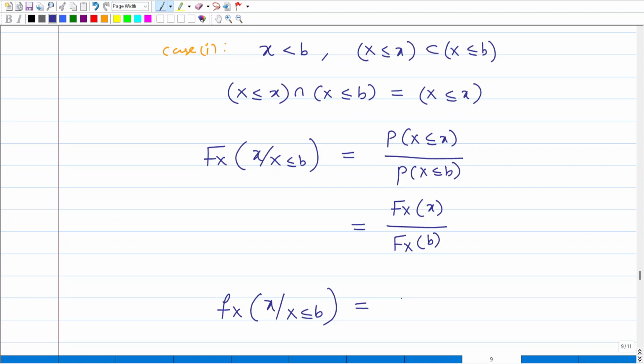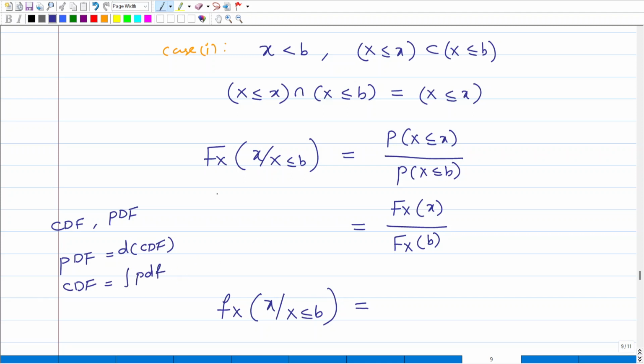The PDF can be obtained by differentiating the CDF, or in reverse, the CDF can be obtained by integrating the PDF.